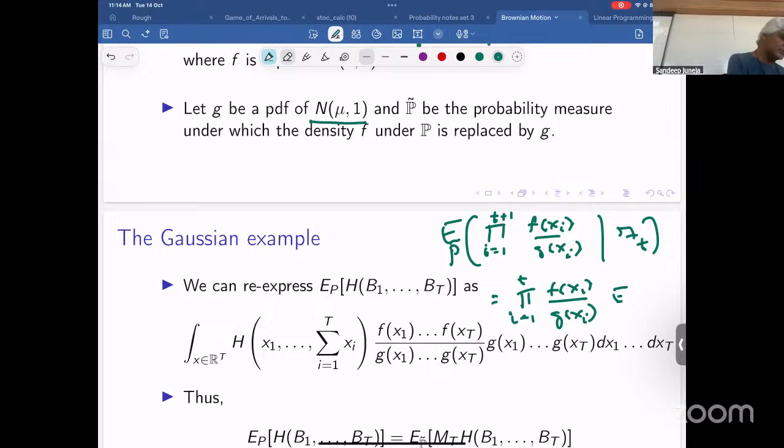If you open that up, it is the integral of f(x) by g(x) over all x times g(x) dx. I'm finding the expectation with respect to density g(x), since X_{t+1} has density g(x). This and this cancel, so this is equal to 1. So all you needed was independence. Clear?